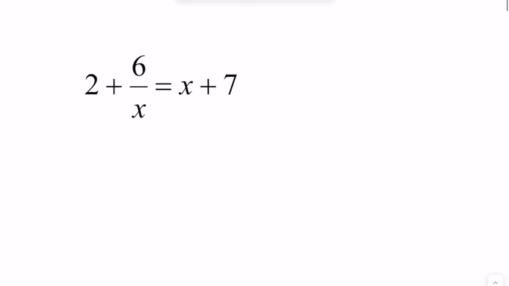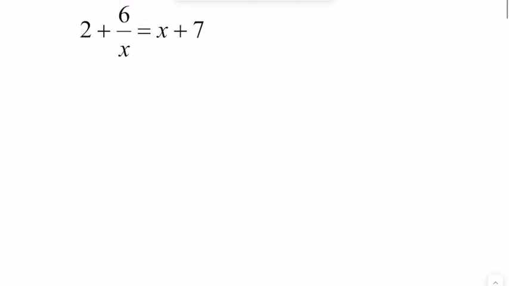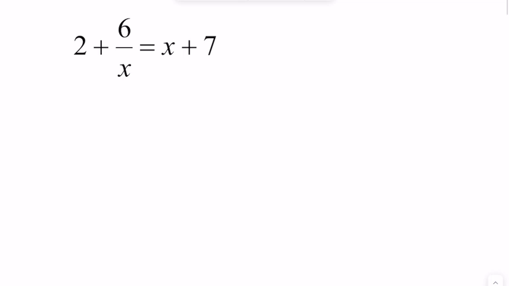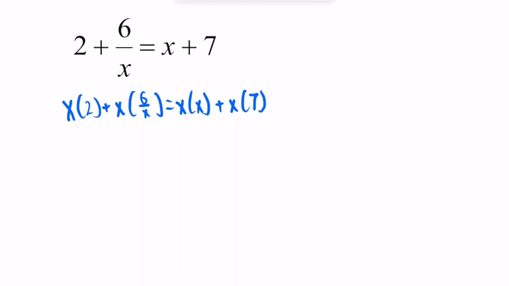Here we have 2 plus 6 over x equals x plus 7. We only have one denominator, x. So we're going to get rid of the fraction by multiplying every term, whether it's a fraction or not, by that denominator. x times 2 plus x times 6 over x equals x times x plus x times 7. x times 2 is 2x.